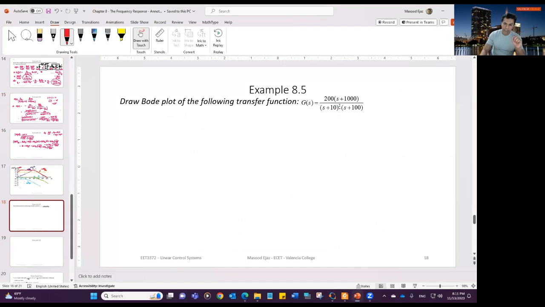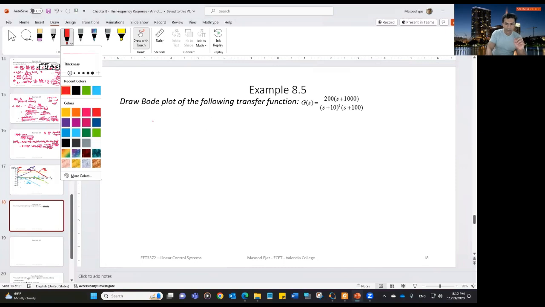Oh, actually, it's the second root. So let's do this. Let me do it for a single root right now. Or actually, let's do it for the second root so you will understand it as well.